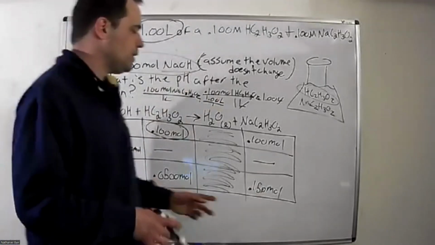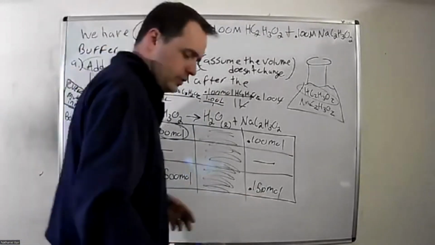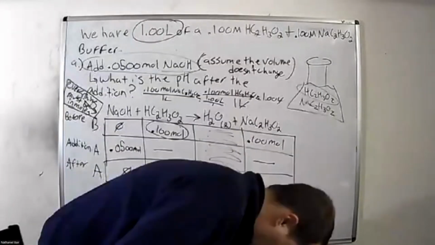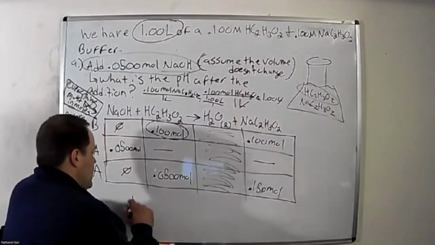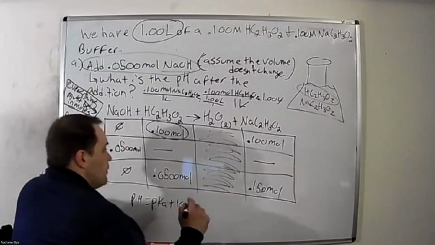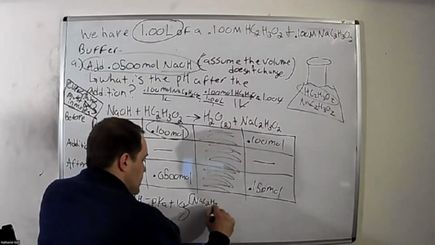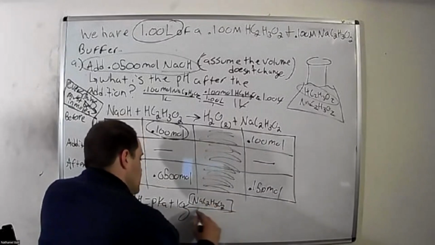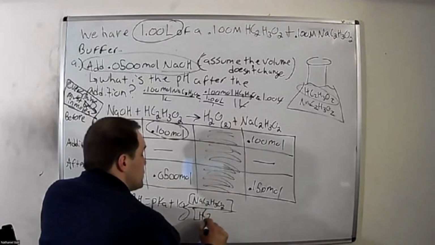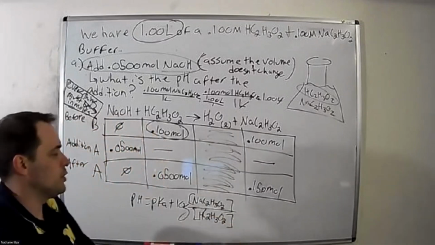Okay, but I need to turn these back into concentrations. Remember, in the Henderson-Hasselbalch equation, pH equals pKa plus the log of the basic concentration, that's the sodium acetate or just the acetate, divided by the acidic concentration, that's the HC2H3O2.